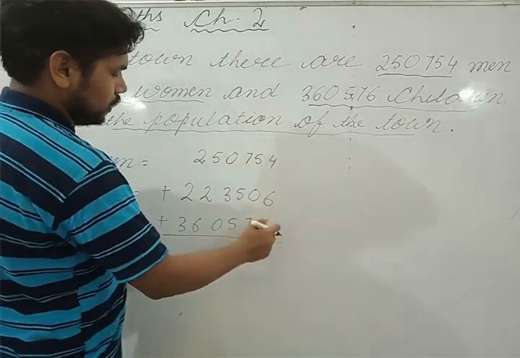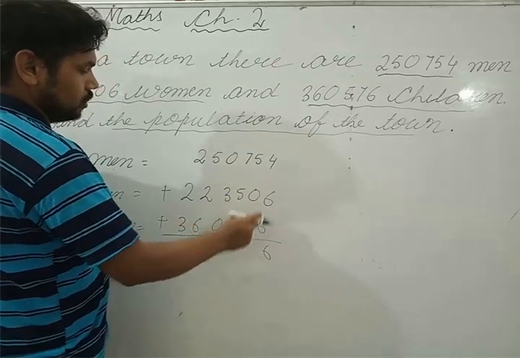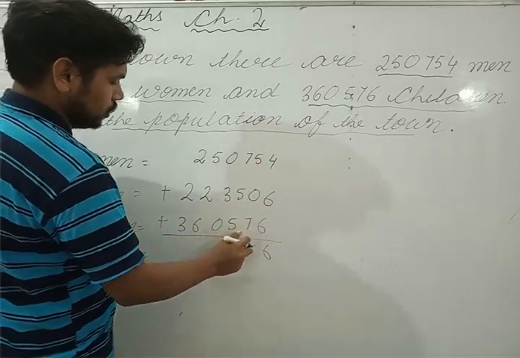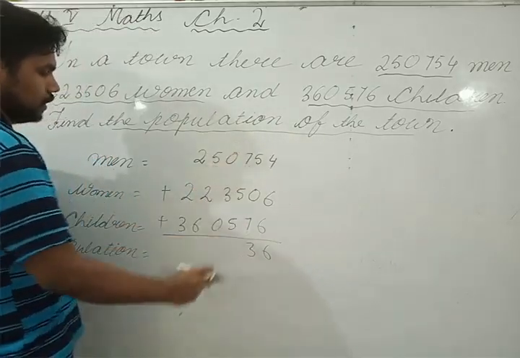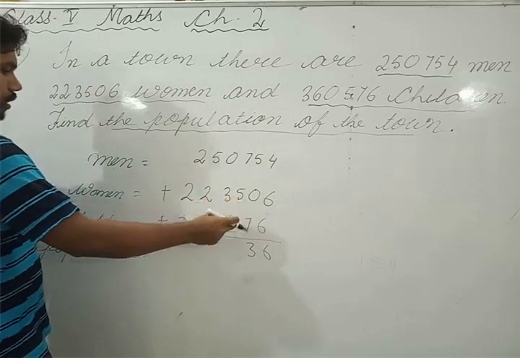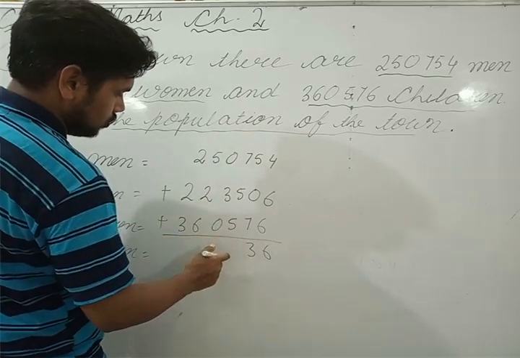So 6, 4, 10, 10, 16, 6, 1 carry. So 6 to the 12, 13, 3, 1 carry, 8, 8, 5, 13, 13 plus 5, 17, 18.